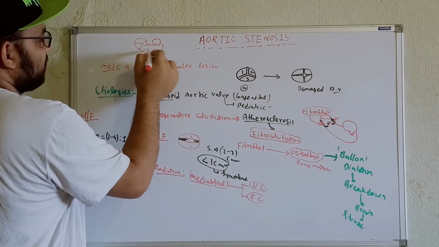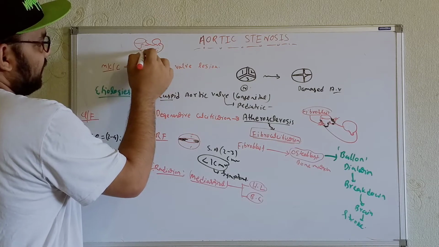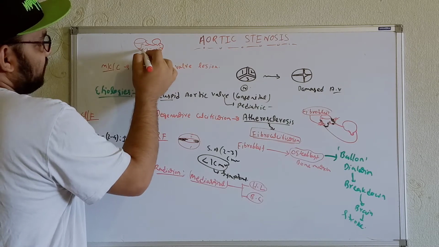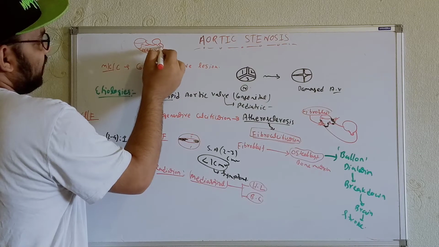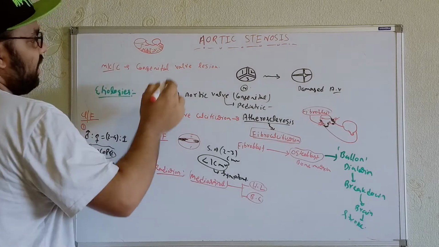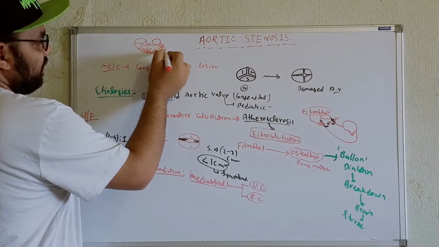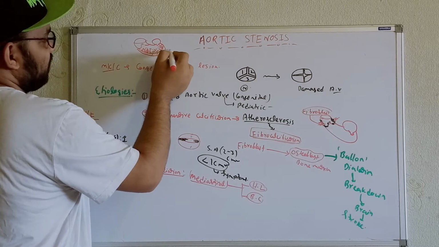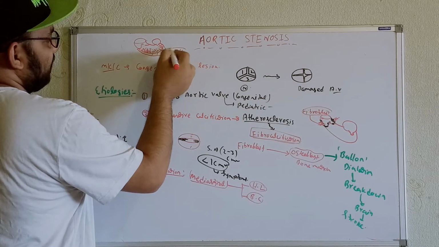As a result, the blood keeps accumulating and applies pressure on all of the myocardium. We will see stretching of the left ventricle, and that will cause left ventricular hypertrophy.